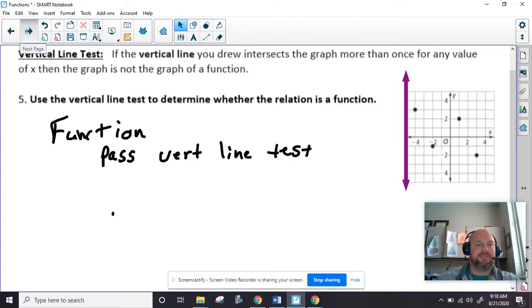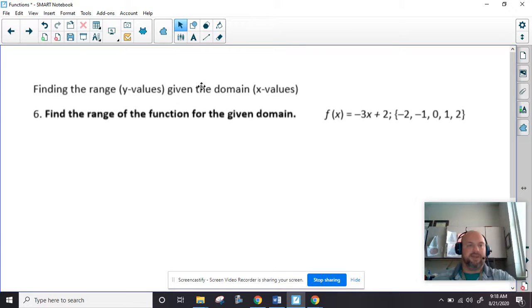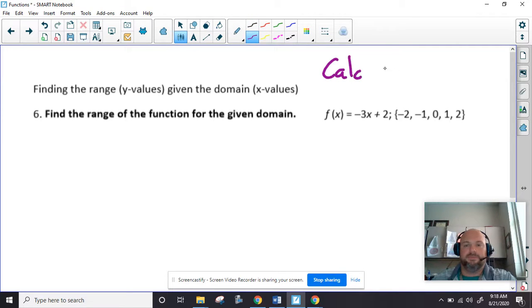Now, let's get to some of our domain and range. Okay. Finding the range, that's our Y values, given the domain of values. All right. This is strictly calculator work. All right. Now, this is how I would normally have done this in class.